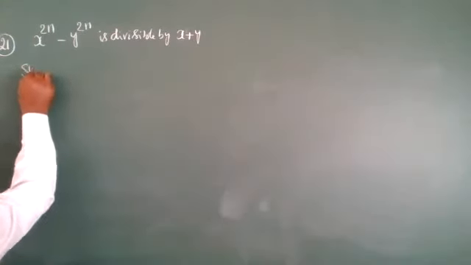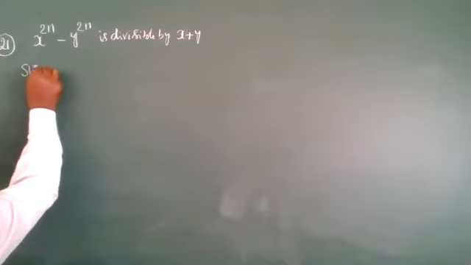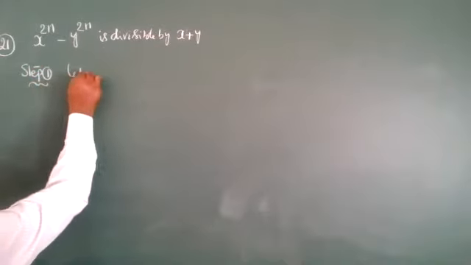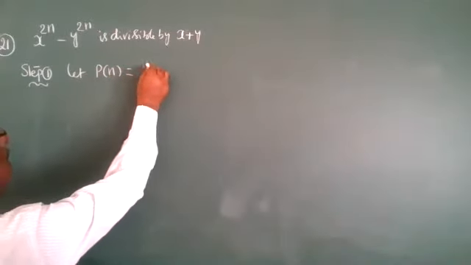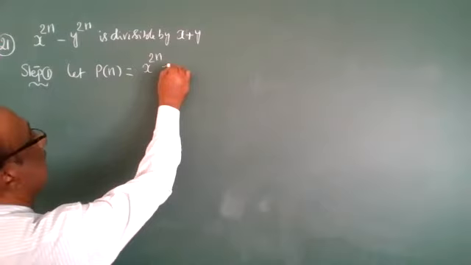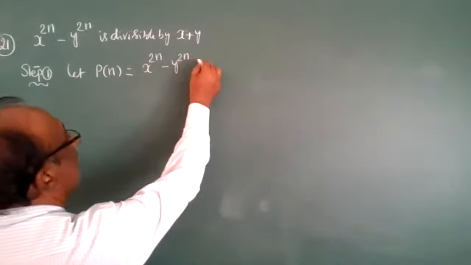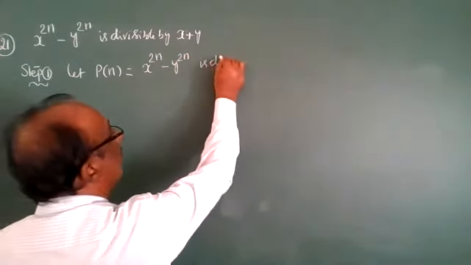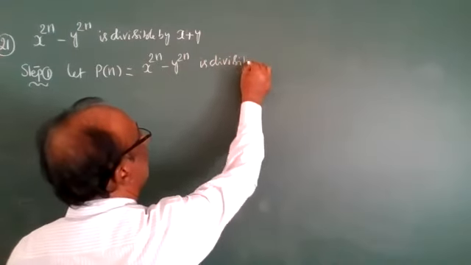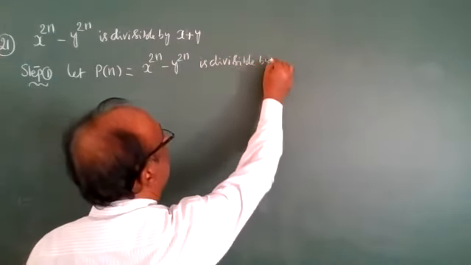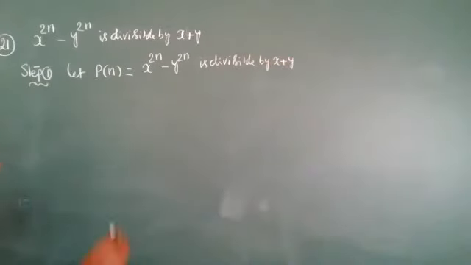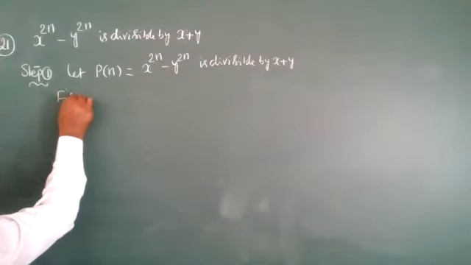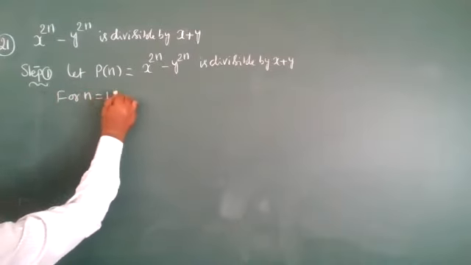Step 1. Let P of n be x power of 2n minus y power of 2n is divisible by x plus y, which means x plus y is one of the factors. Take n is equal to 1.